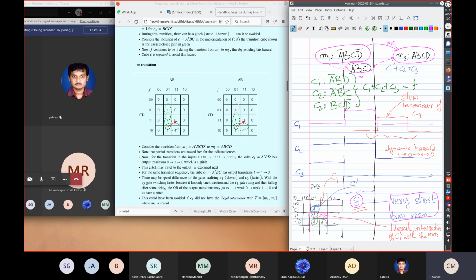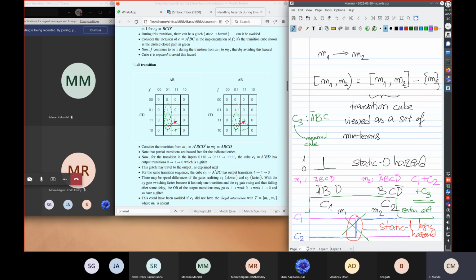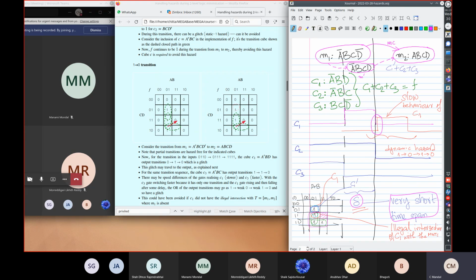So this is where you have a glitch. It was high, it goes low momentarily, goes high, and again goes low. So this gives you a dynamic hazard, which is explained over here.